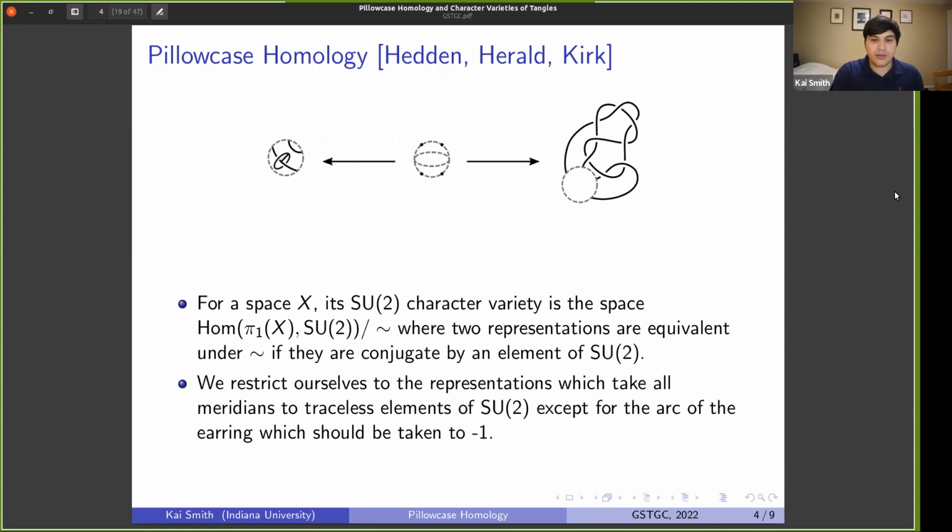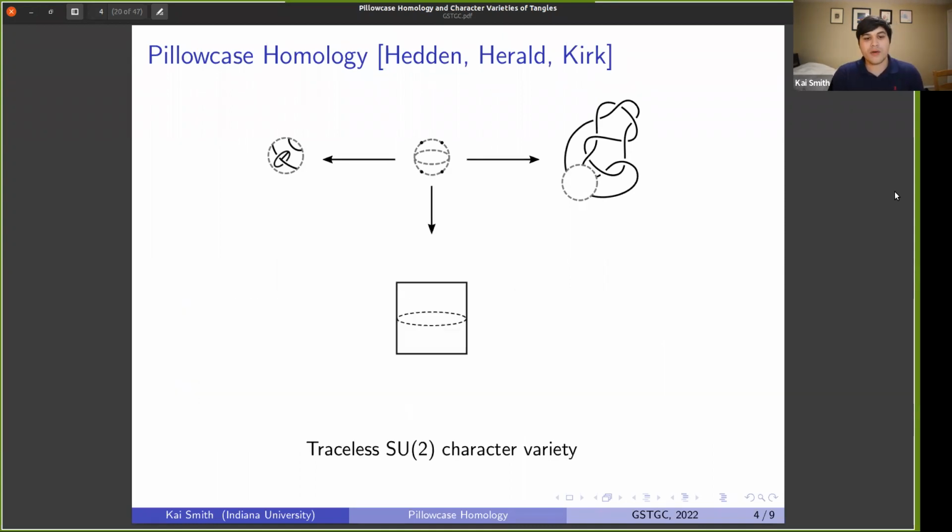And let's see what kind of spaces we get. So the most important is the 4-punctured two-sphere. When we take its traceless SU2 character variety, we get the titular pillowcase. And so that's going to be homeomorphic to a two-sphere with 4 singular points. It'll be easier to work with if we unfold it like this. Then let's look at each of the two tangles and see what its character variety is.